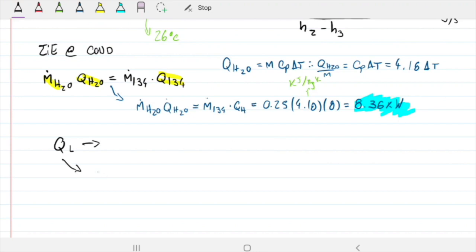I know QL is the difference when we go from 4 to 1. But I also know that because this is a cycle, we can't create or destroy energy. So as I said, QH is what balances everything. QH is our limit, because all this energy that's being removed from this environment at minus 30 is then being tossed to QH.